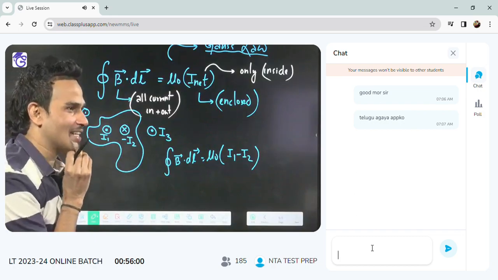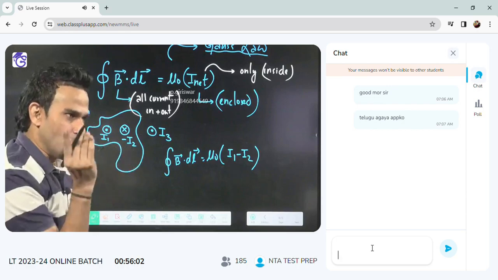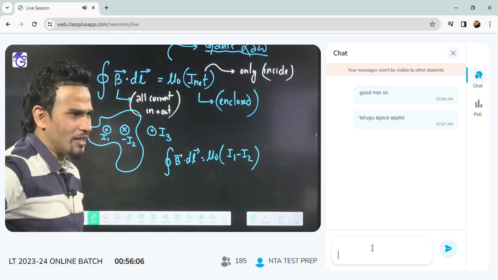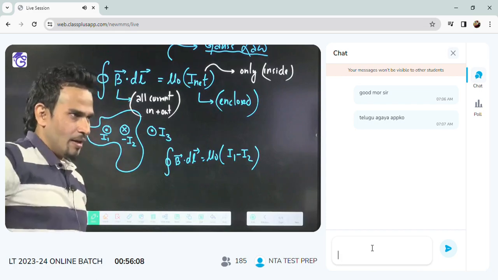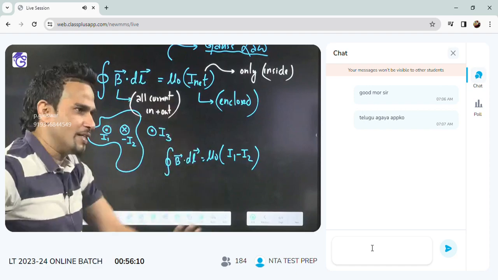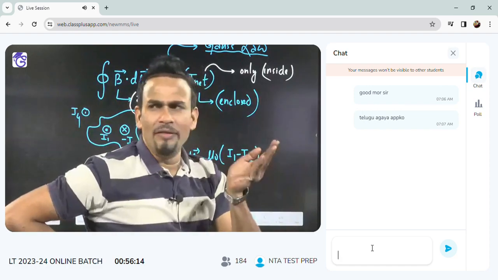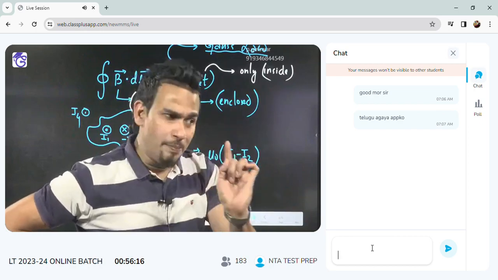Galvanometer we'll do in the last class. Moving coil galvanometer, tangent galvanometer is not in the NEET syllabus. It has not been there for the last 10 years. MCG we will start in the next class. Before that, one important topic is left.